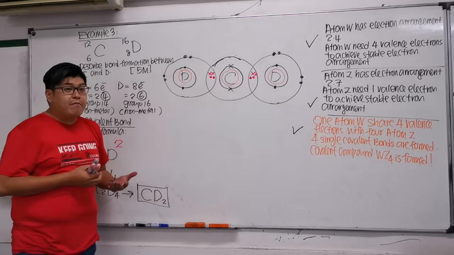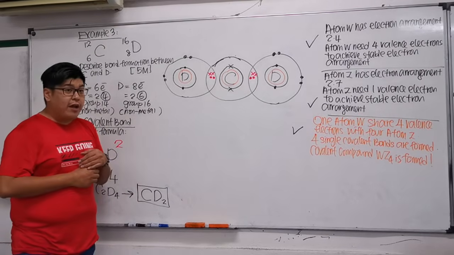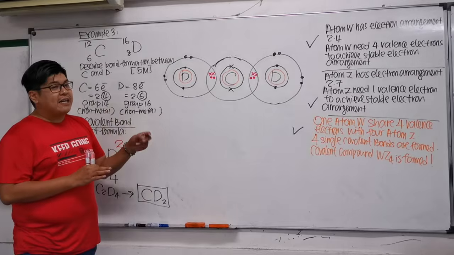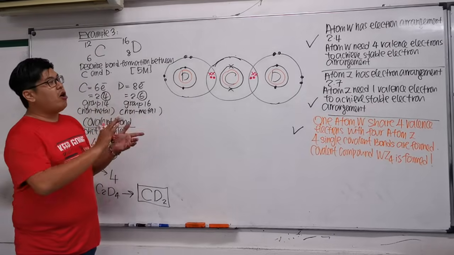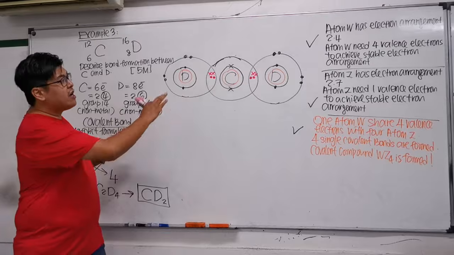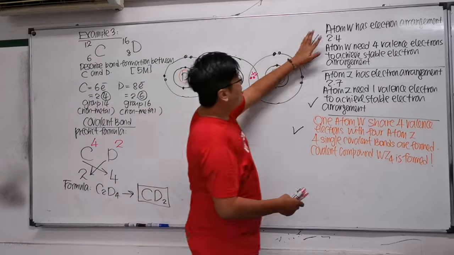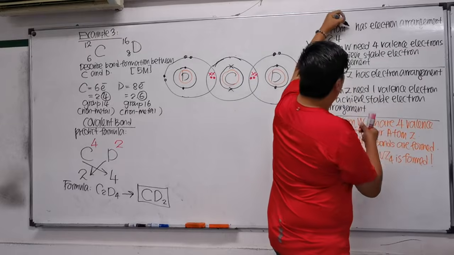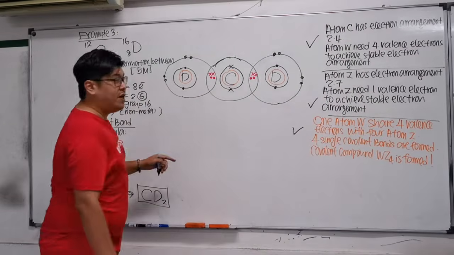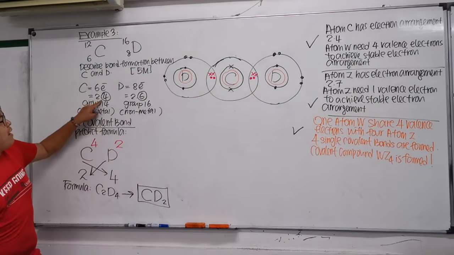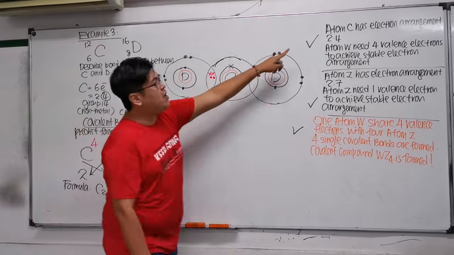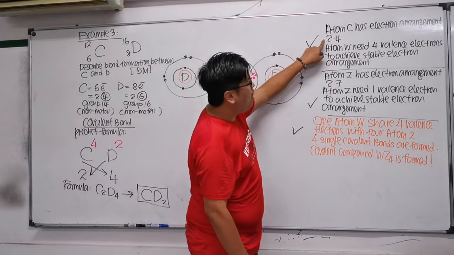I don't say easy, but I don't think it's very hard. Okay? It's really doable. You must understand the logic step by step. Come on, let's write the story. Atom C has electron arrangement 2.4.